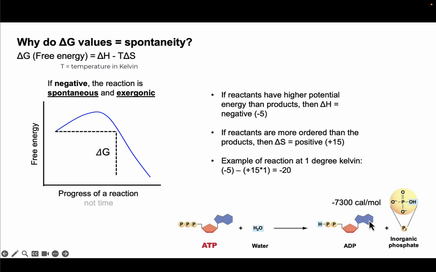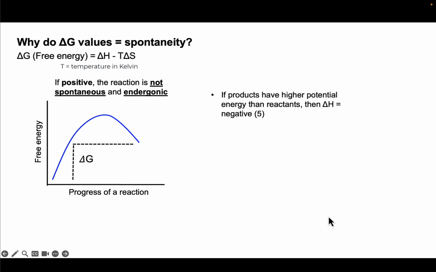And this reaction is very spontaneous. It's highly exergonic, and the delta G value is negative 7,300 cal per mole. So there's a huge amount of energy. And actually, we're going to couple this exergonic reaction to power non-spontaneous reactions. Again, more in the next video.